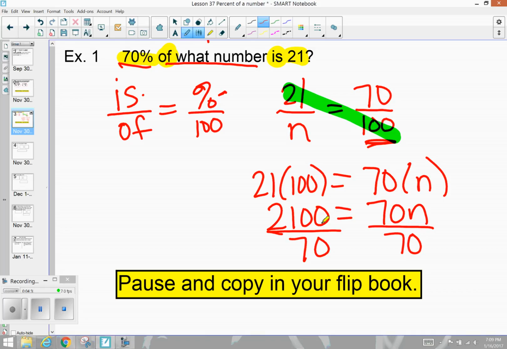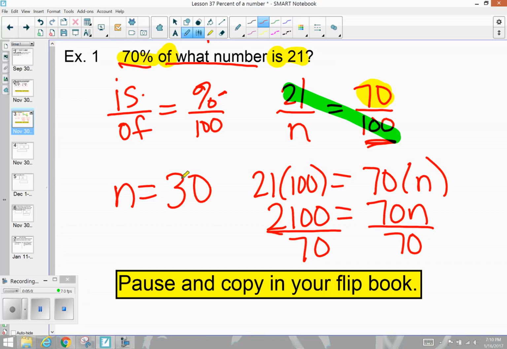Or when we did this before, we remember we were dividing by the leftover number, dividing by 70. All right, on your calculator, if you did that, what did n equal? So if we divide it by 70, I got that n is equal to 30. Is that what you got?